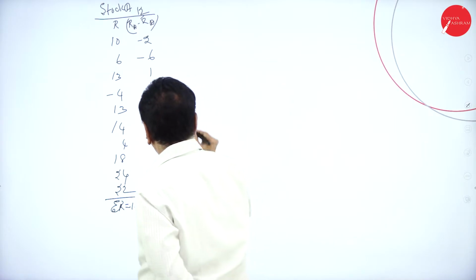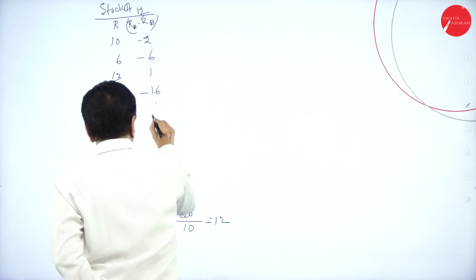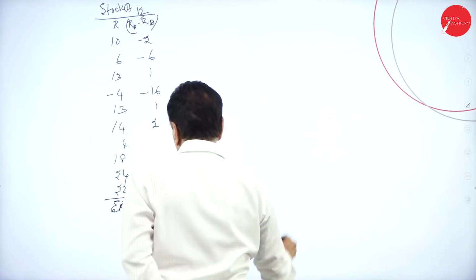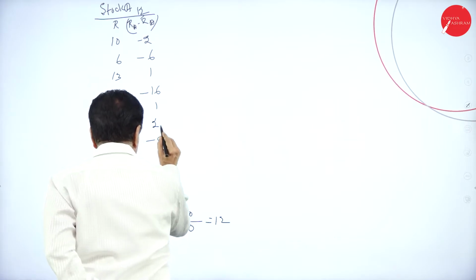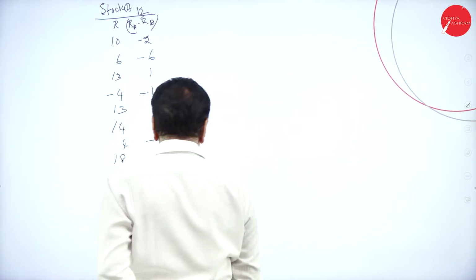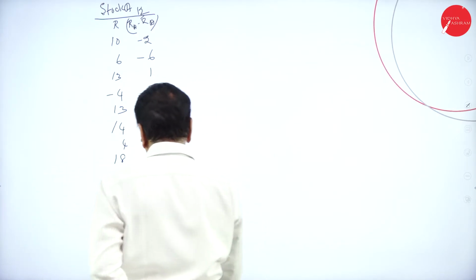Minus 4 minus 12 is minus 16. 13 minus 12 is 1. 14 minus 12 is 2. 4 minus 12 is minus 8. 18 minus 12 is 6. 24 minus 12 is 12. 22 minus 12 is 10.